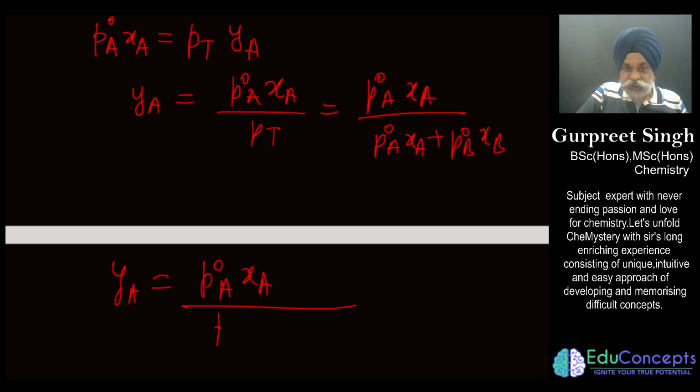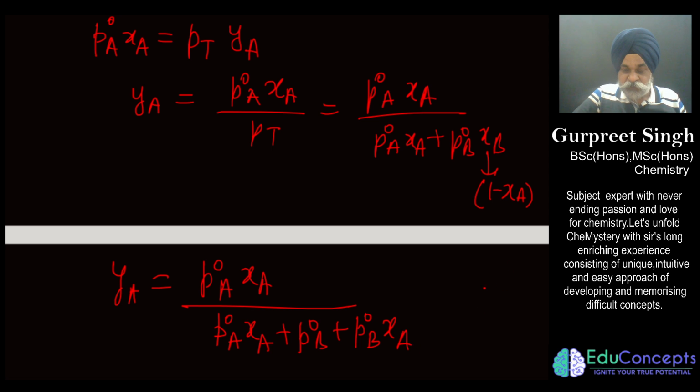A little bit of mathematics and you would get the answer very fast. Here I shall write XB as 1 minus XA. Then the equation turns into P naught A XA plus P naught B minus P naught B XA.